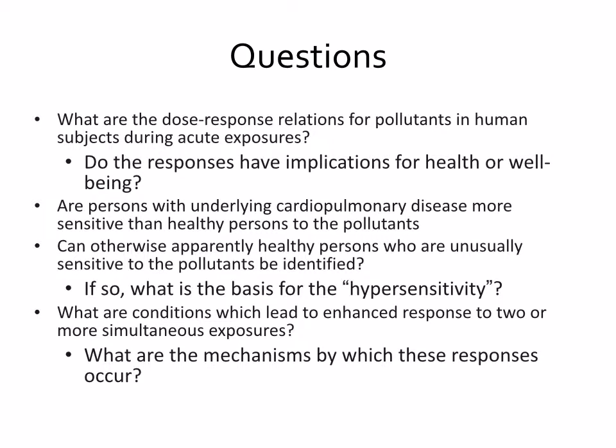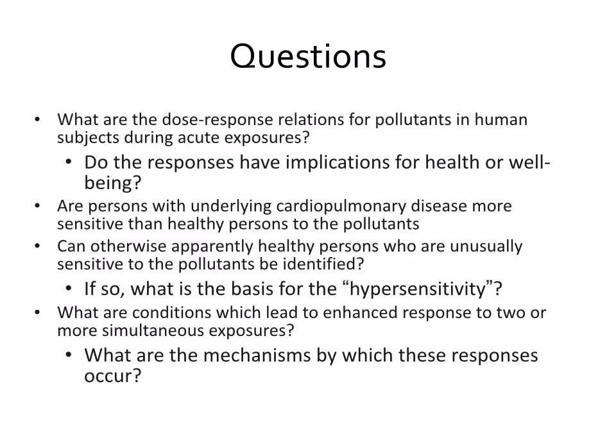So some things to think about as we proceed through the health effects section of air pollutants are: what are the dose-response relationships for pollutants in human subjects? So is there a relationship between the dose of a chemical and the response that's seen? We'll discuss this for some of the priority pollutants.